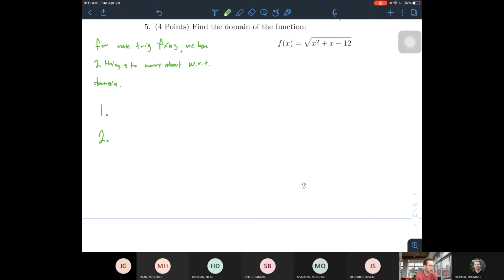Recall the domain of the function is just all values of x for which the function is defined. So when might our function not be defined? Someone could maybe give me one.